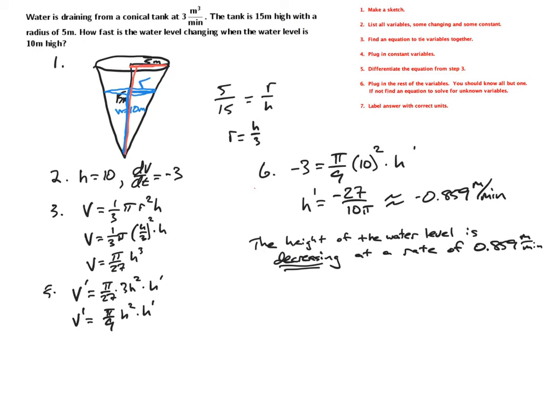One last thing, I want to point out that the sign of h prime is negative. The interpretation of this is that the height of the water level is decreasing at a rate of positive 0.859 meters per minute. So the word decreasing can take the place of the negative sign.